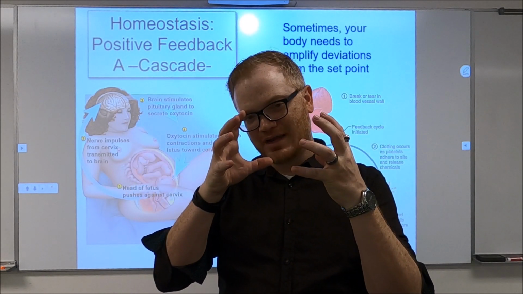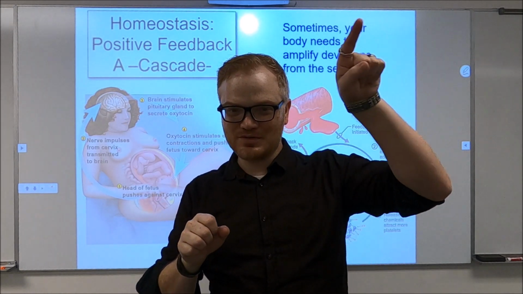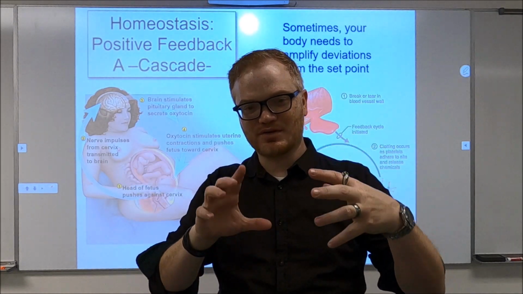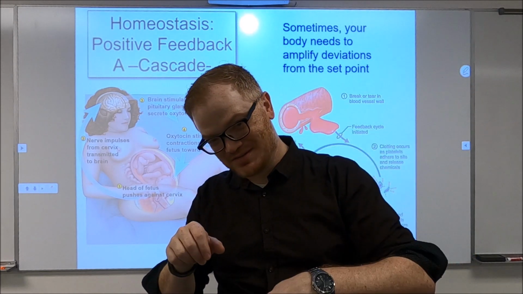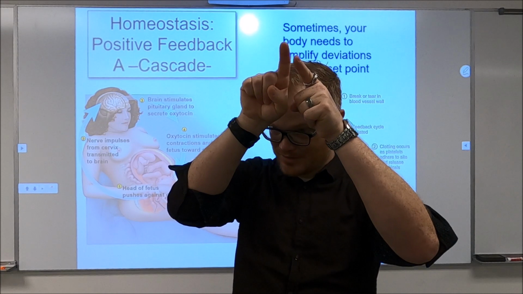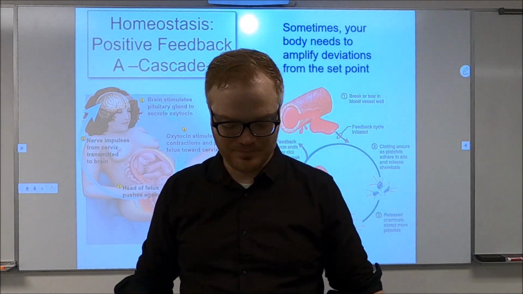That minor contraction pushes the kid's head against the cervix, which sends a nervous transmission to the brain, which causes the brain to release more oxytocin, which arrives at the uterus, causing a stronger uterine contraction, which pushes the kid's head against the cervix, which sends a message to the brain, which causes the brain to release more oxytocin, which causes an even stronger uterine contraction.